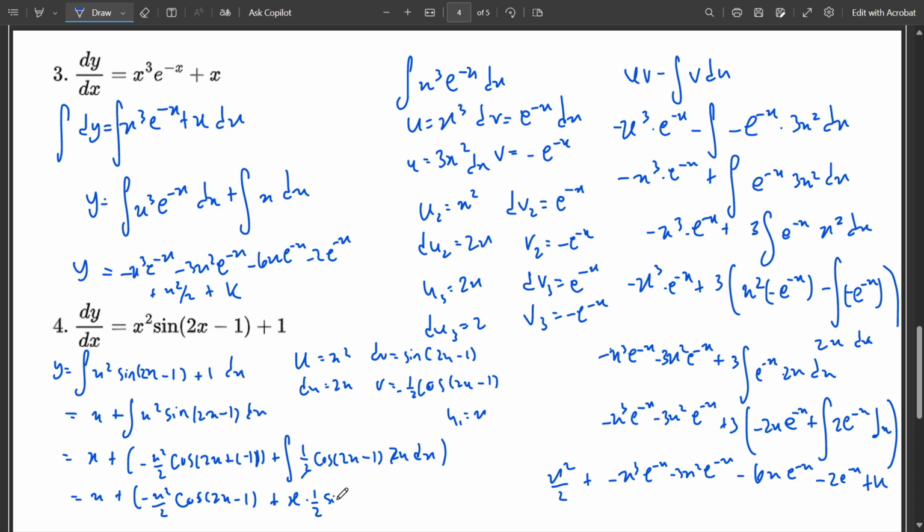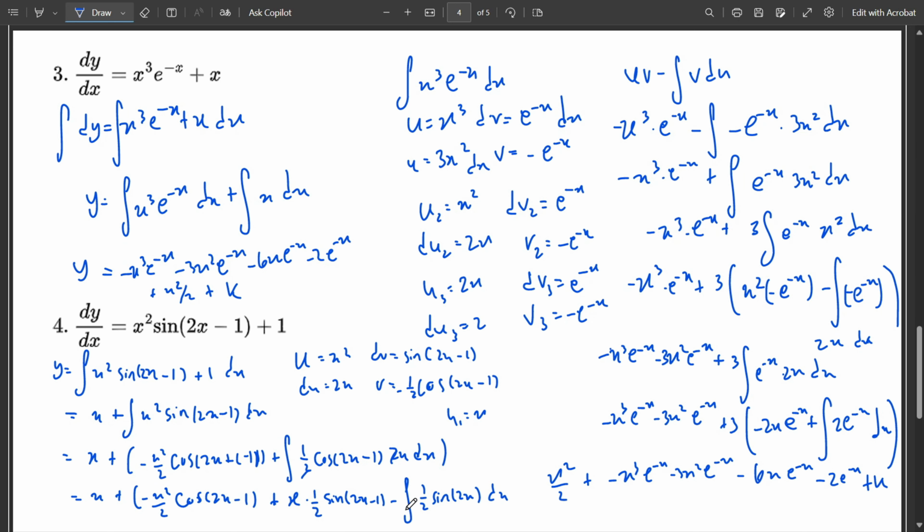Sine of 2x minus 1, and minus the integral of v. So our v is a half sine of 2x, and then times our du. Our du is dx.